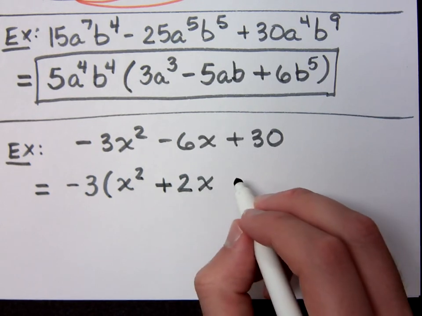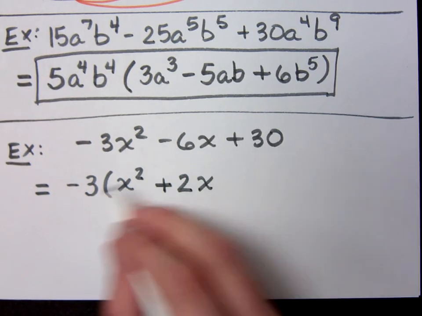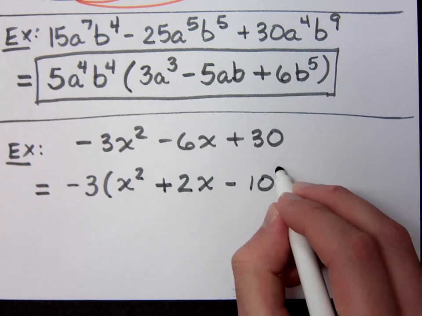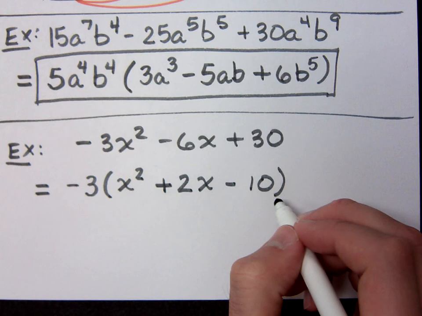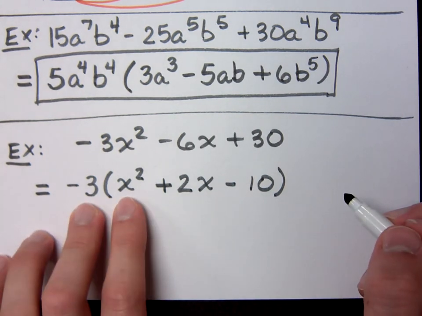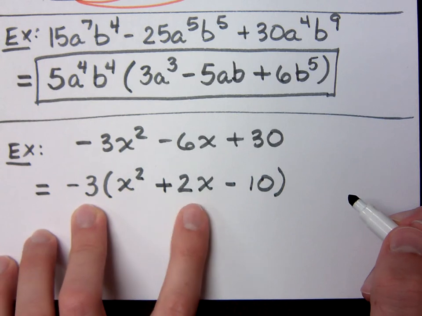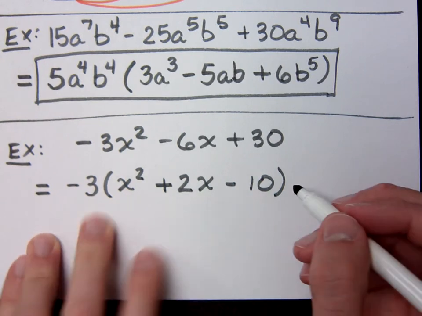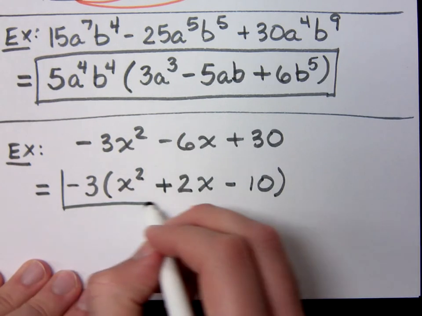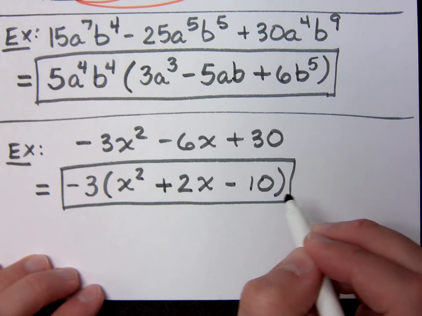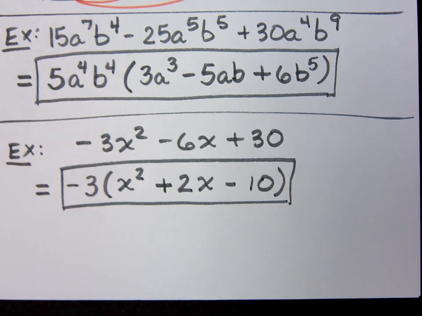Minus 10. Positive 30 divided by that factor of -3 is -10. And with just a few moments of your time you'll see that this is correct. That's -3x squared, -6x, that gives you a positive 30. So take the moment to check to make sure that everything does get back to the original. Are there questions about that one?